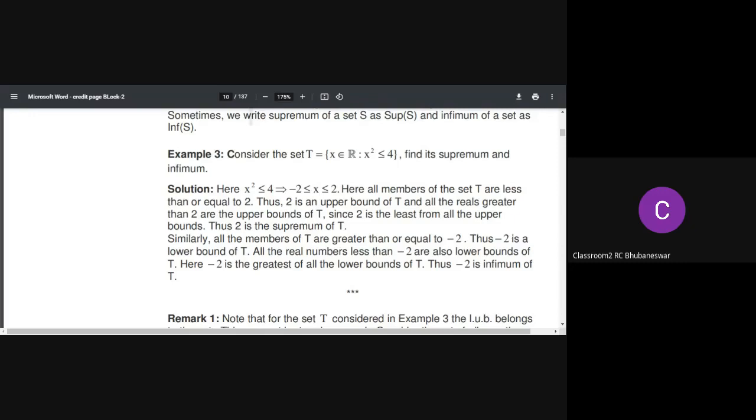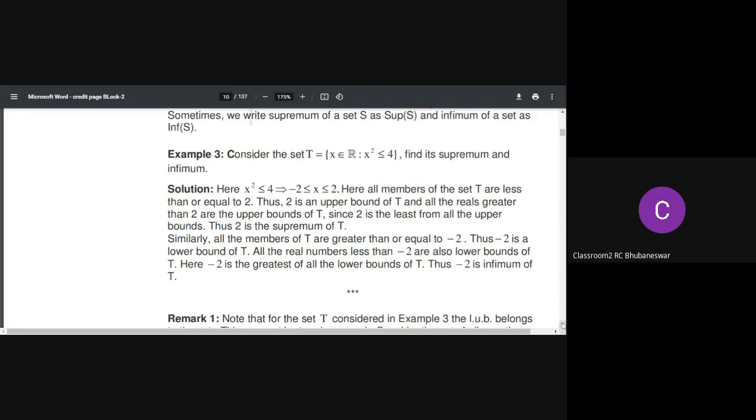But according to our focus of discussion, 2 is also the lowest among all upper bounds of the set T, and minus 2 is the greatest among all lower bounds of the set T. So in a very simple way, the infimum of the set T is minus 2, and the supremum of the set T is exactly 2.